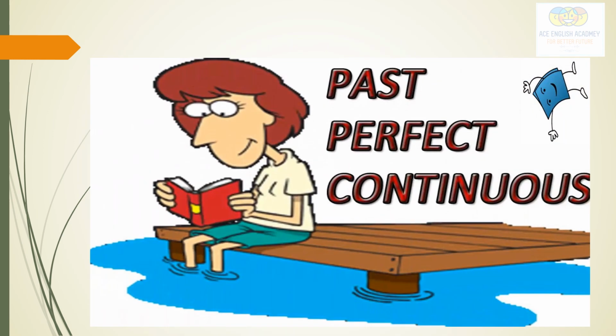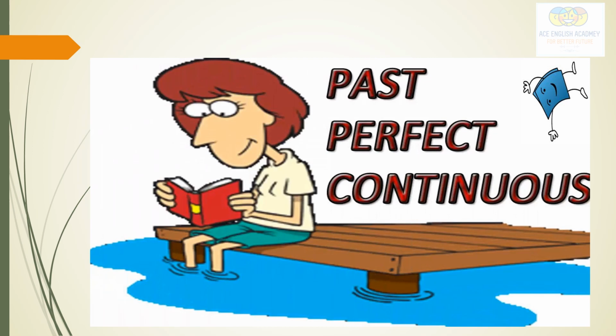So next comes the past perfect continuous tense. What do we understand by the past perfect continuous tense? It indicates something that began in the past, continued in the past, and also ended at a defined point in the past. Is that clear to you?